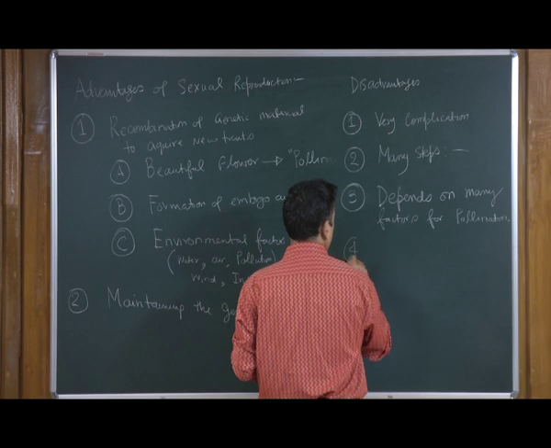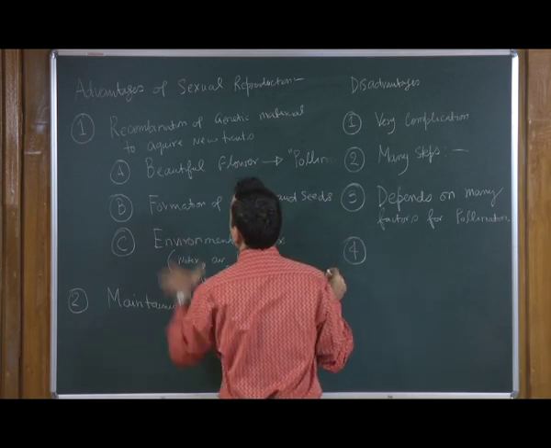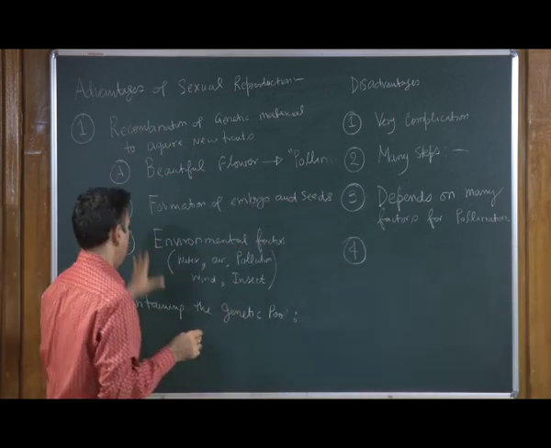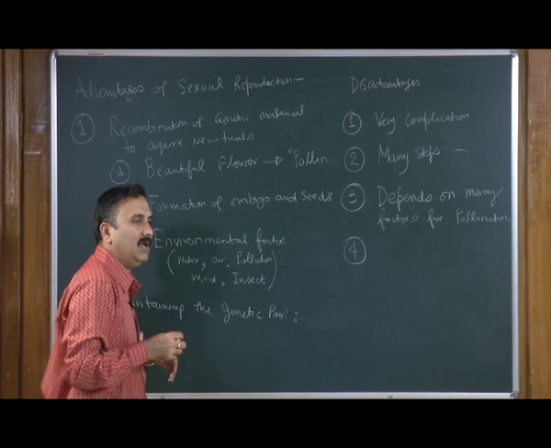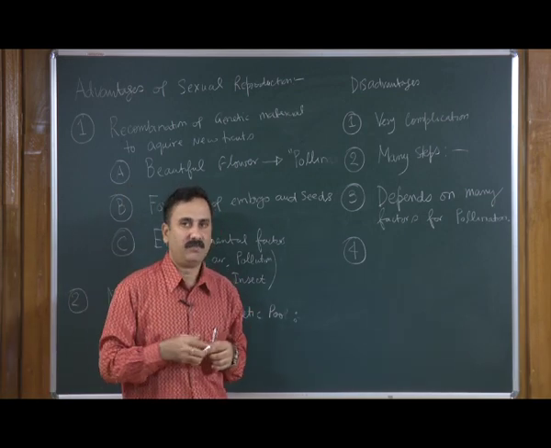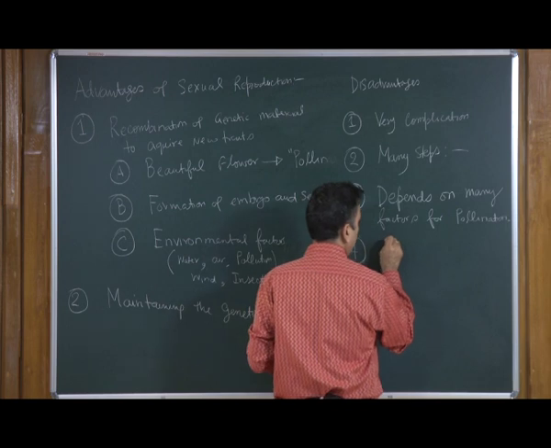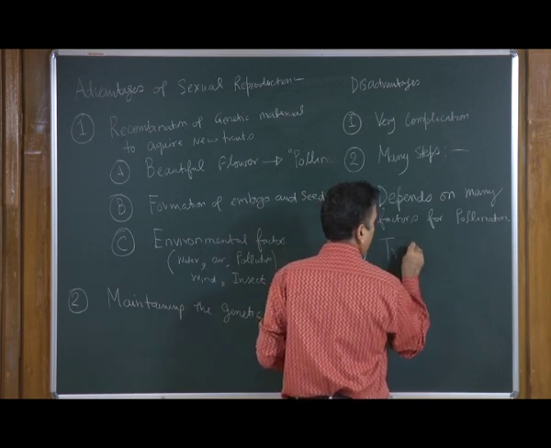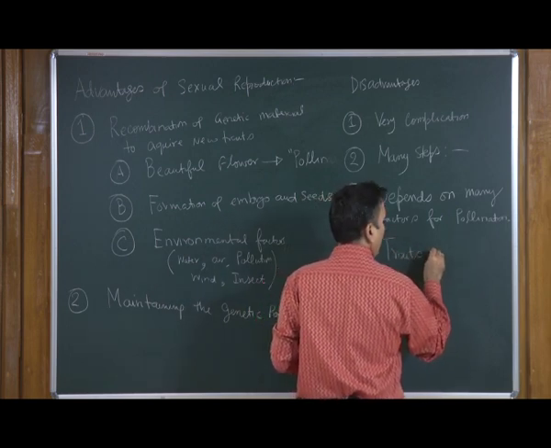Number 4, as we said, these are the good advantages, that they are actually acquiring the resistance or acquiring the traits which are good for the plant, but they can also acquire the traits which are not good for the plant.